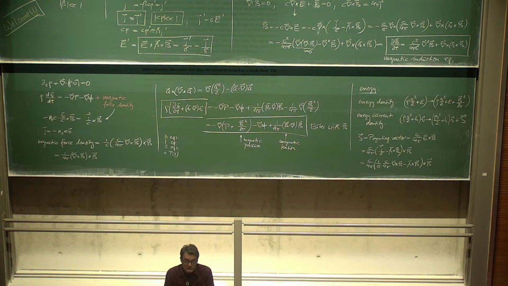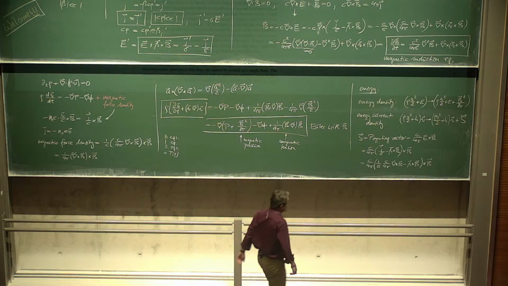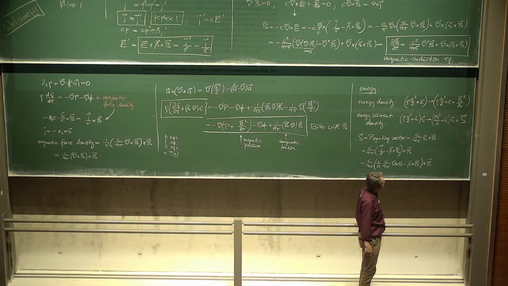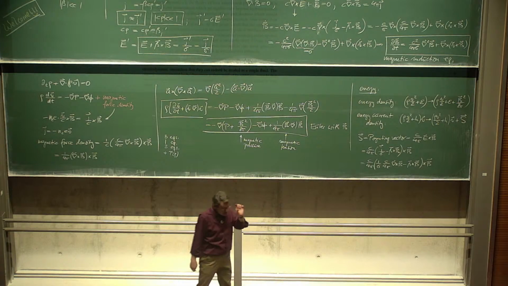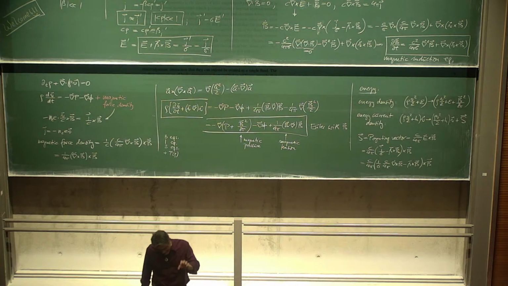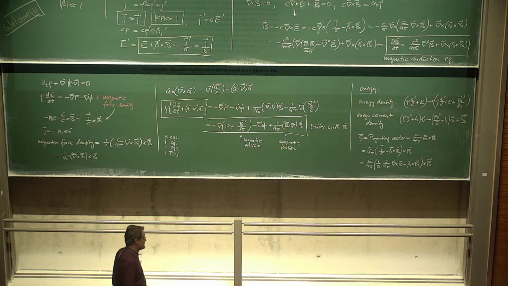We had additional terms. We had gradient T terms with a heat conductivity. We had friction terms with a second derivative of the velocity, the second rank tensor of first order derivatives of the velocity field, and so on and so forth.